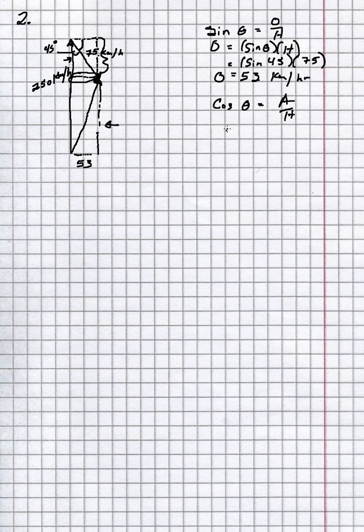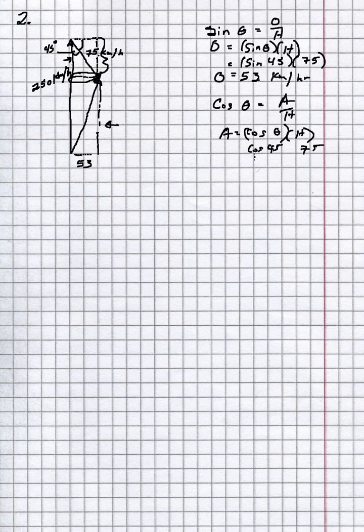Again, we can rearrange: the adjacent is equal to the cosine of theta times the hypotenuse. So cosine of 45 times 75. Let's give that one a whirl. Cosine 45 times 75, and lo and behold, it's 53 again.